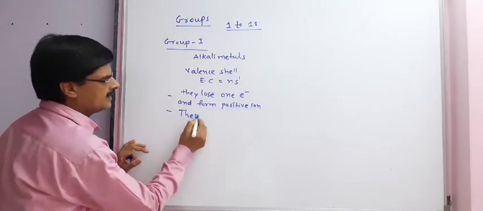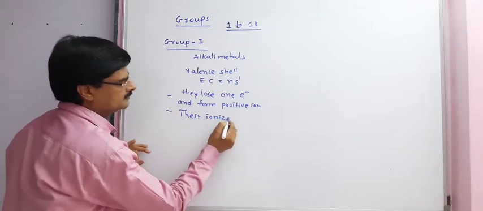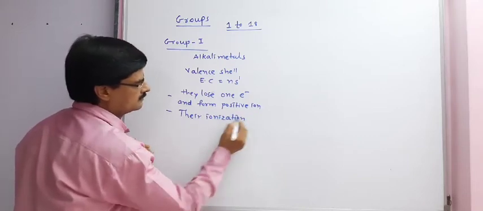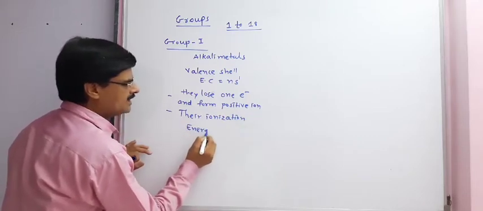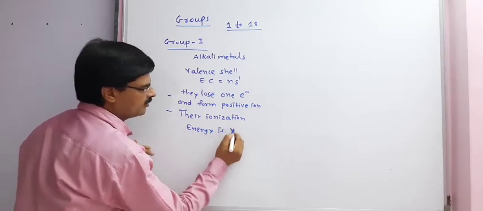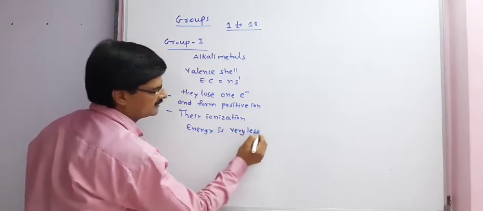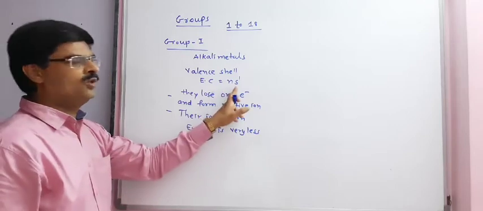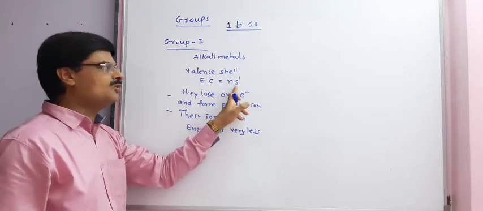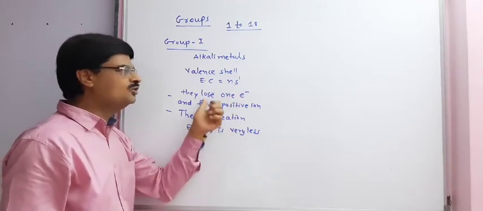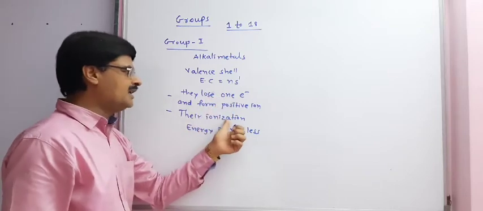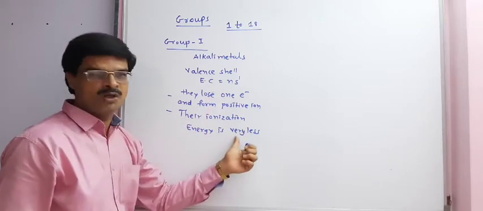Their ionization enthalpy or ionization energy is very small or very less, because they have one electron in the outermost shell, so they easily lose one electron. That is, ionization energy is very small.